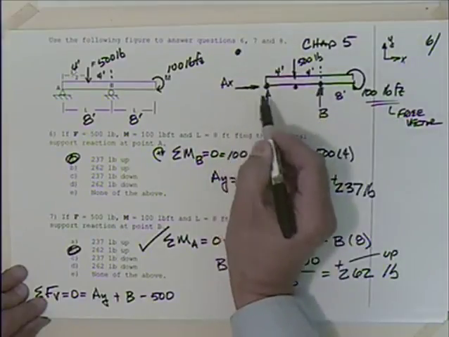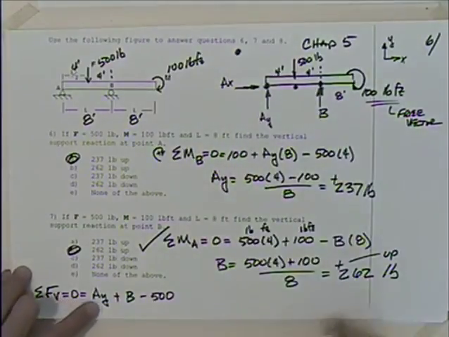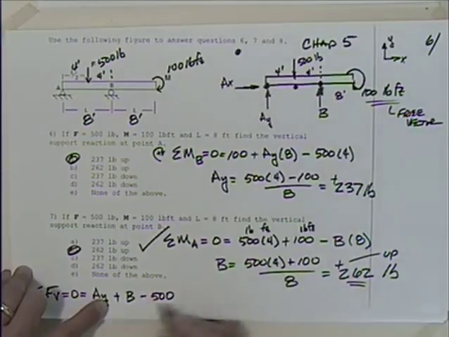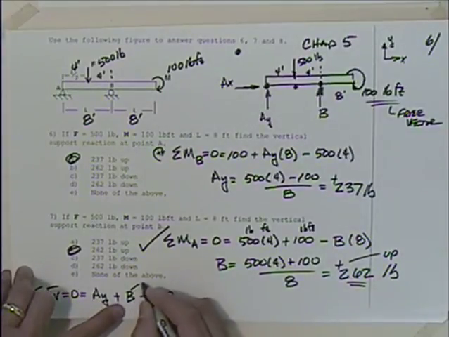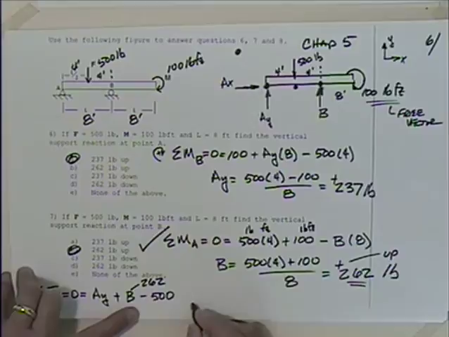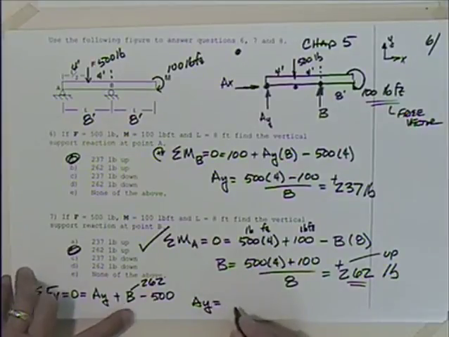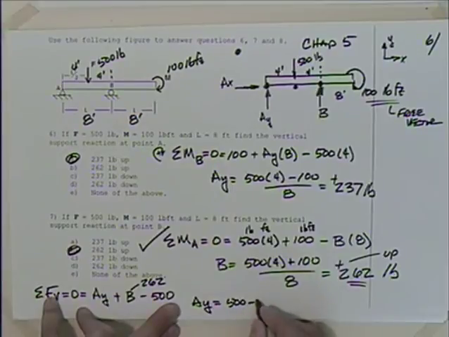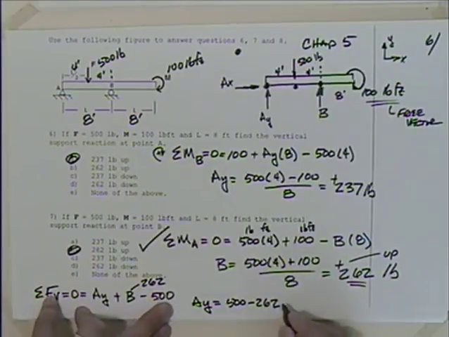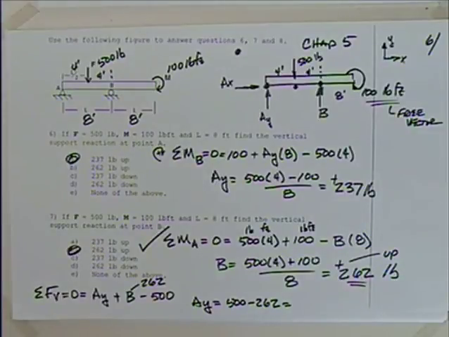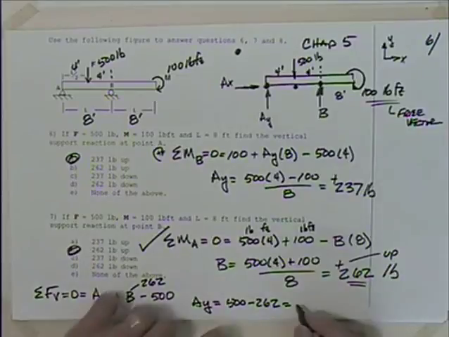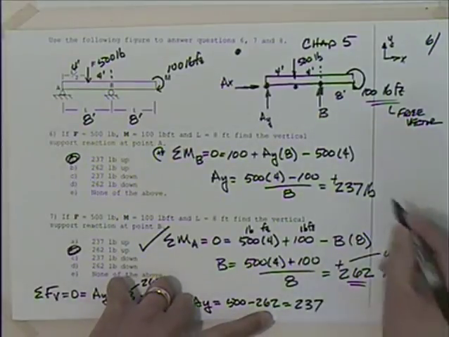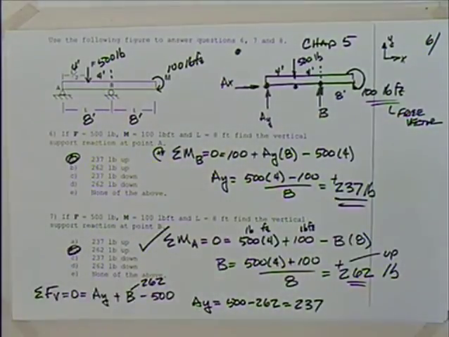This one doesn't show up either because it's horizontal. So once I had this answer, I put the 262 in here. So I had that AY was equal to 500 minus 262. So what do we get there? 237. And I came back and got that one, and that's fine.